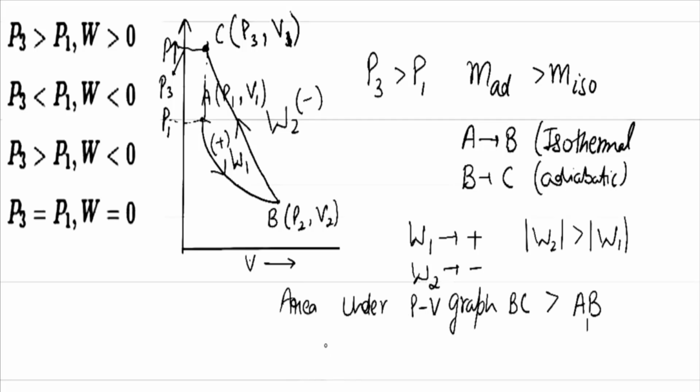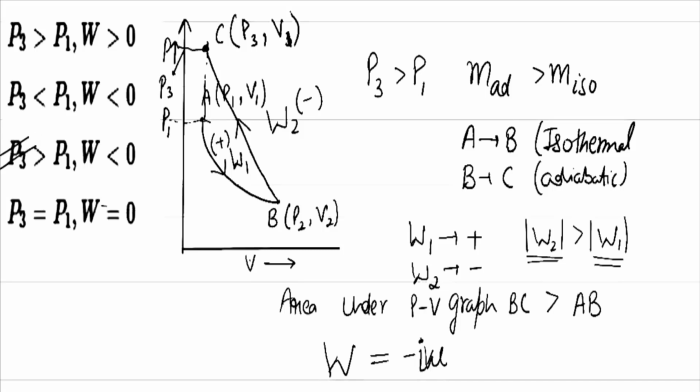So that means the net work done is negative, because the magnitude of negative work is greater than the positive work. So that means our correct answer will be the third option. I hope that answers your question.